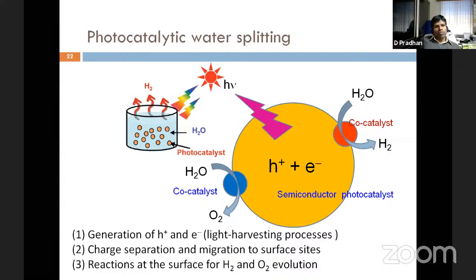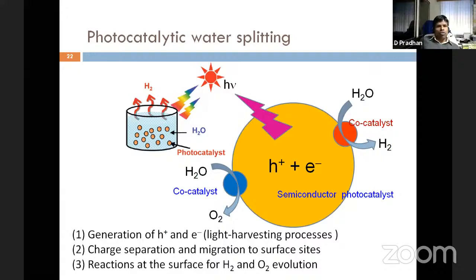Electrons go from the valence band to the conduction band, producing a hole in the valence band and free electrons in the conduction band. Those electrons and holes can be used for reduction and oxidation respectively. Holes will do the oxidation reaction and electrons will do the reduction reaction.